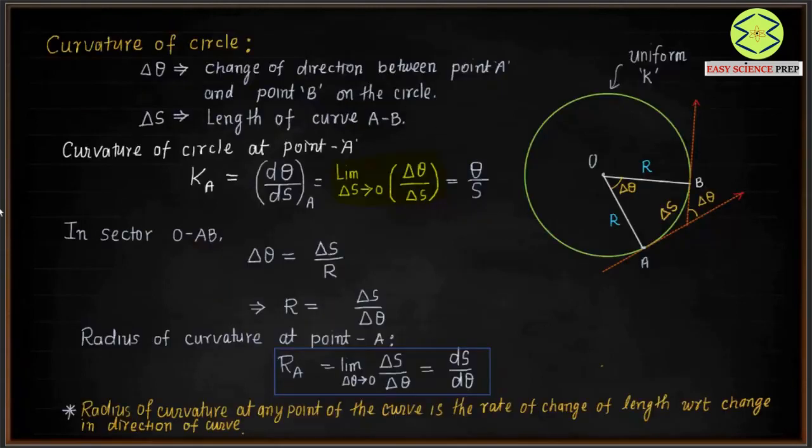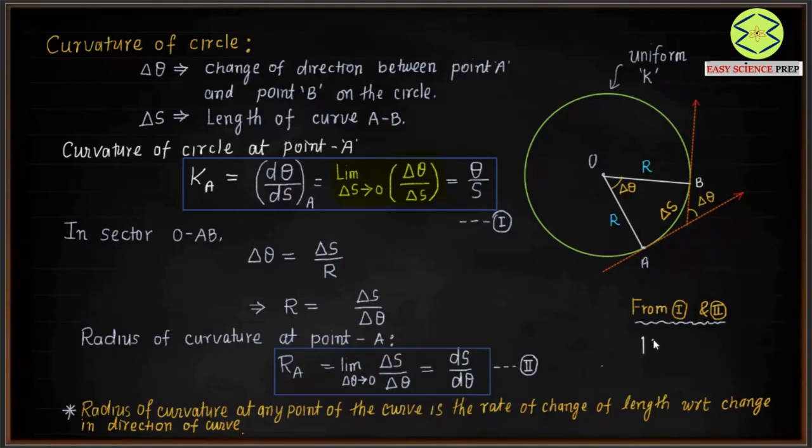But here, the radius of curvature is the rate of change of length of the curve with respect to the direction of the curve. From equation 1 and equation 2 we can easily conclude that the curvature at a given point A is the reciprocal of the radius of curvature at that point A.